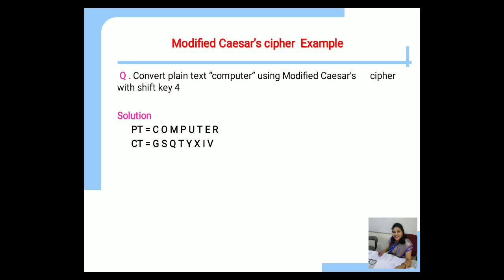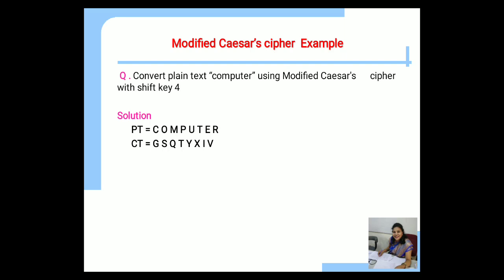But since there is a fixed shift key in Caesar cipher, that is 3, anyone can easily attack it and get the original text. So there is a modification in the Caesar cipher algorithm. As we have all 26 characters A to Z, we can have a shift value from 1 to 25.